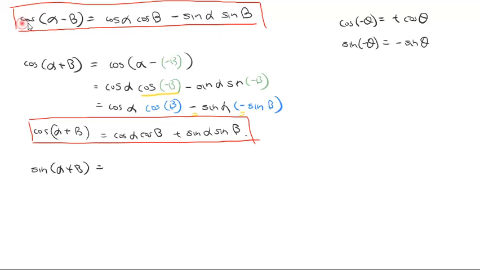Now, I don't have sine of alpha plus beta or sine of alpha minus beta. I've only got cosines, so I can't do this negative trick that I've done before. I'm going to have to figure out a way to convert the cosines, which is what I do have, into a sine. Or another way to think about it is I have to use these rules to convert the sine into a cosine.